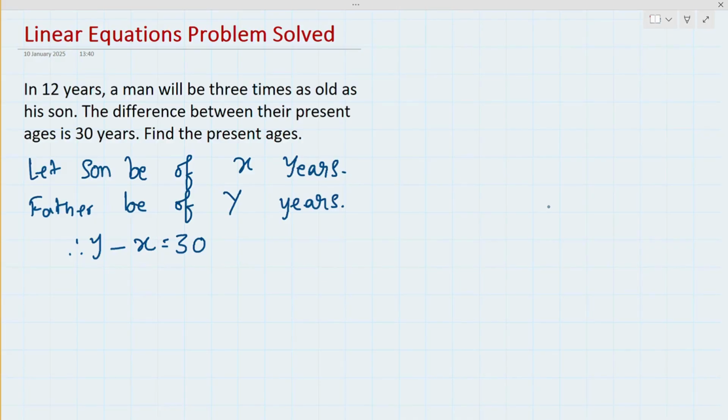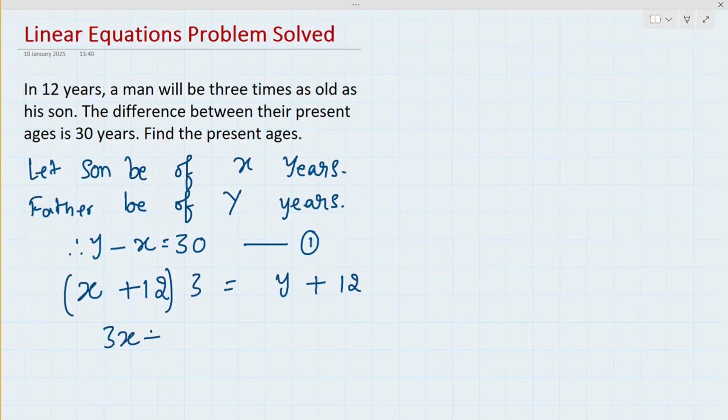And the second equation given is, in 12 years, the man will be 3 times as old as his son. In 12 years means we have to add 12: x plus 12, that is son plus 12. Father also we have to add 12, y plus 12. The father will be 3 times his son, which means 3x plus 36 is y plus 12.